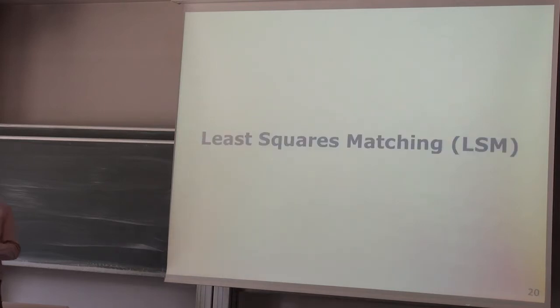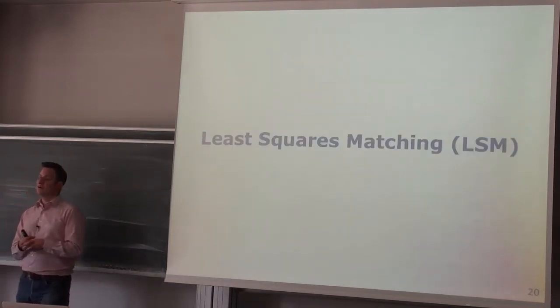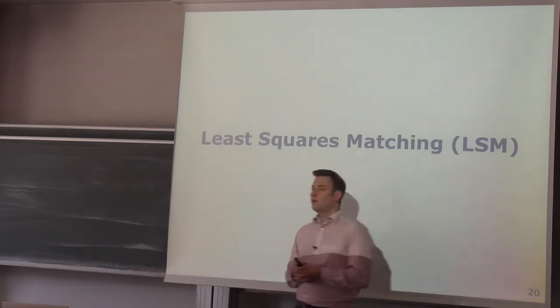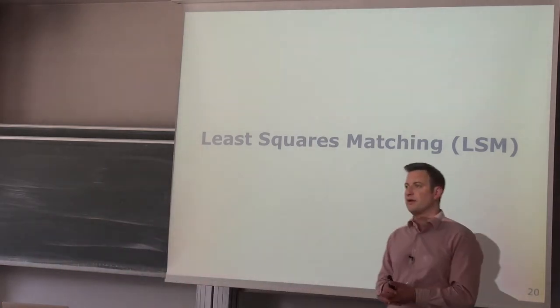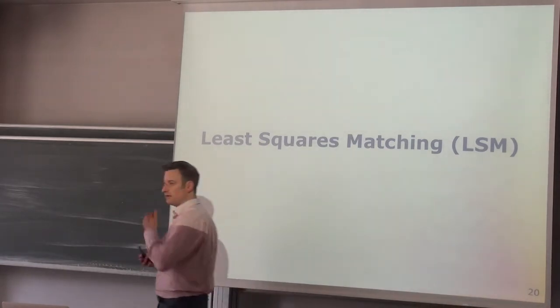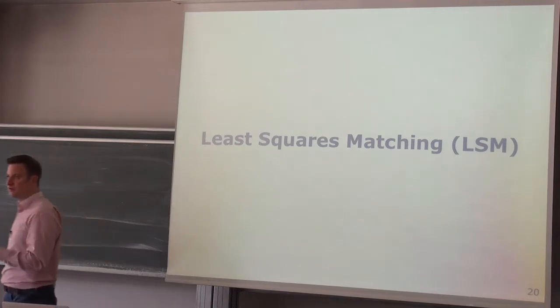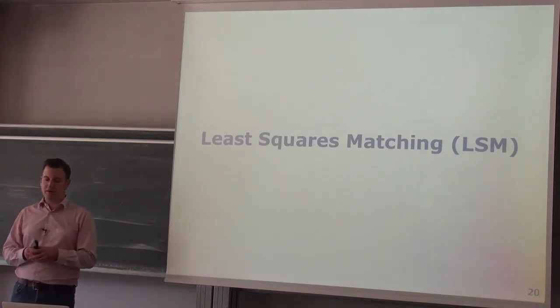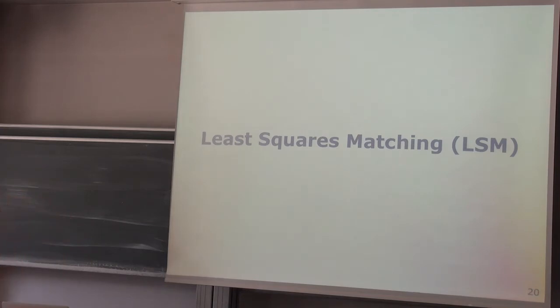Okay, if this is not the case, we're going to the next approach, which is called least squares matching, which can be seen as a generalization of the cross-correlation method, in which I want to deal with more complex transformations. So if I have a transformation which is not only a translation, but may involve rotation, scale, shear, or other properties, or different types of radiometric transformations, then I need a more complex technique.